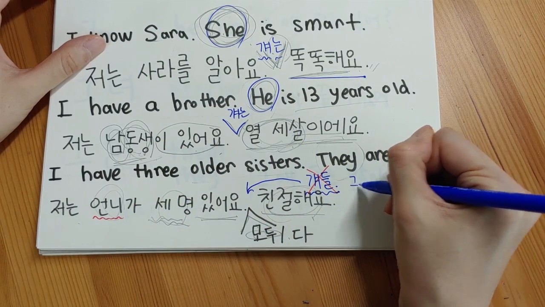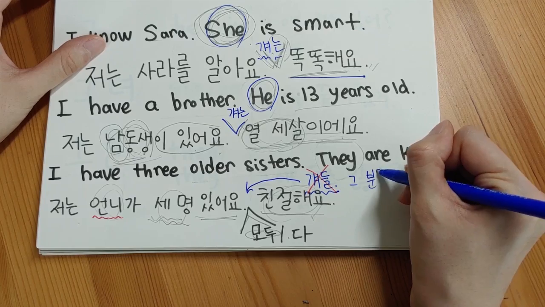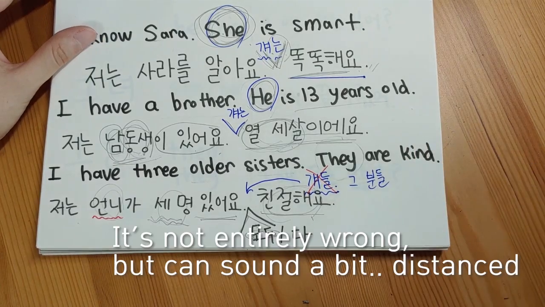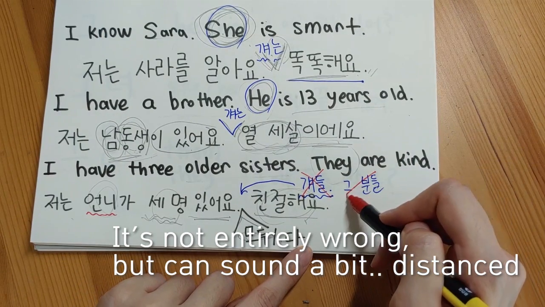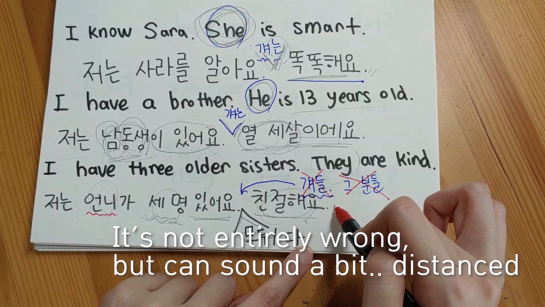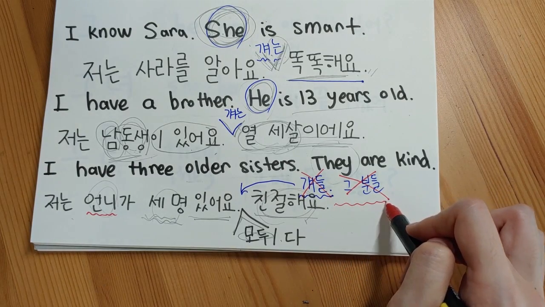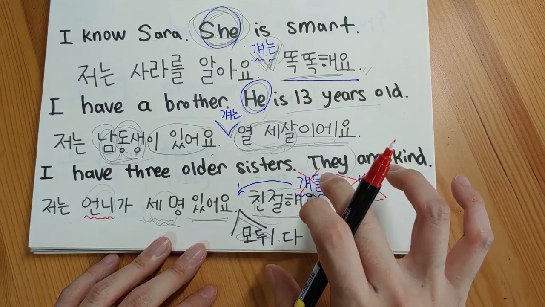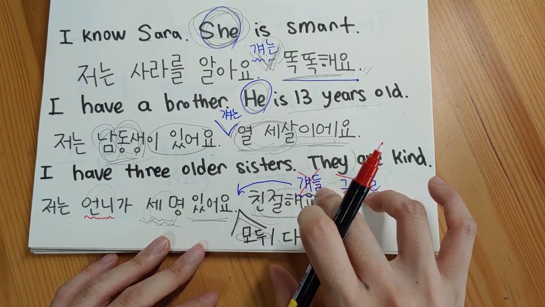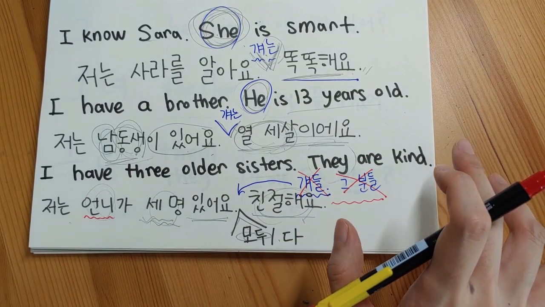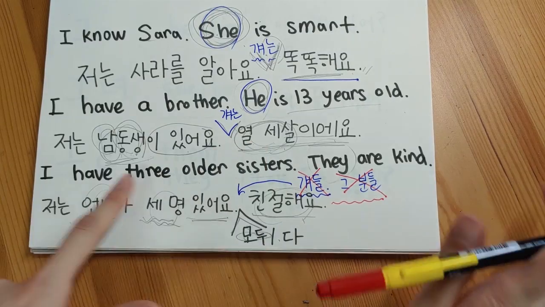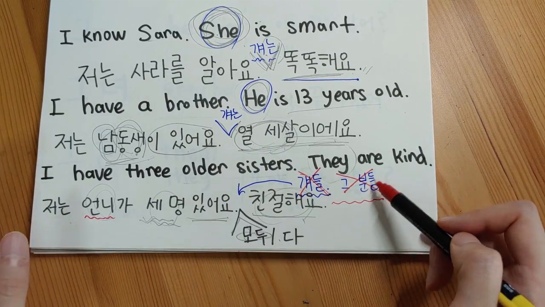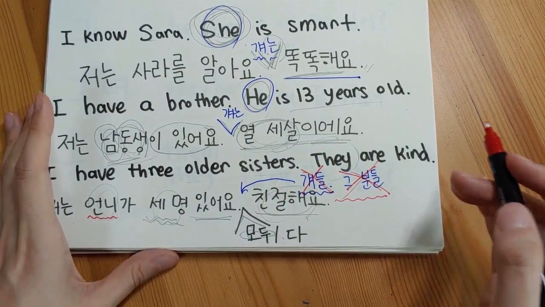Then is it okay to use 그분들, those people, in honorific form? And this sounds kind of awkward as well because this sounds like you put too much distance between you and your sisters. So this is kind of a Korean culture thing that might take time for you to get used to. But when you're talking about your older siblings, either 걔 or 그분 isn't really appropriate.